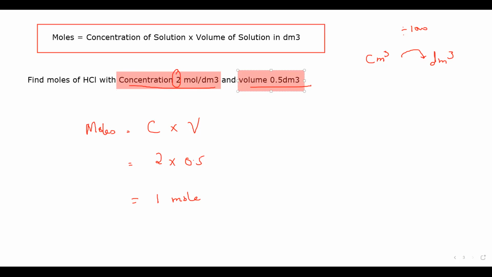The concentration of the solution in this example is 2 and the volume is 0.5. So when 2 is multiplied by 0.5, you get 1 mole of the substance. So for the second formula of the moles, we multiply the concentration with volume.